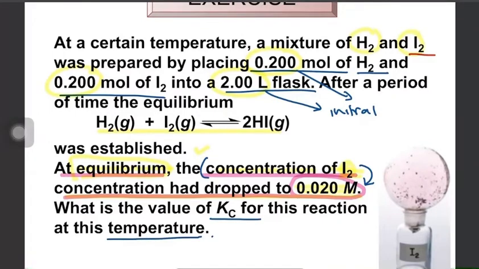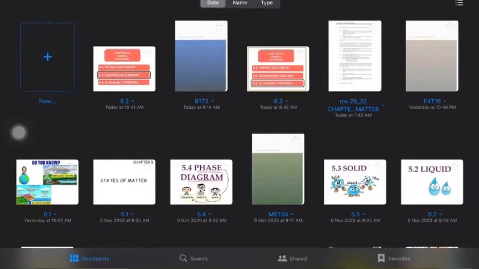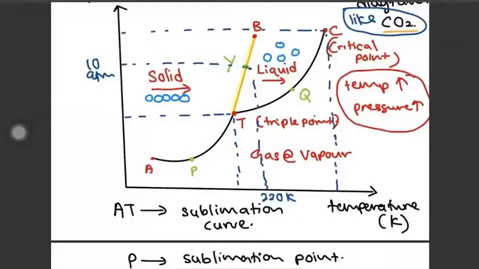Yes, I know the upcoming slide already has the working, but I want you to follow the working that I am going to show you. The first thing, in order for you to score your marks, please write the expression of Kc. Although you only require it at the end of the calculation, just to make sure you get your marks, write the expression of Kc, prepare it.